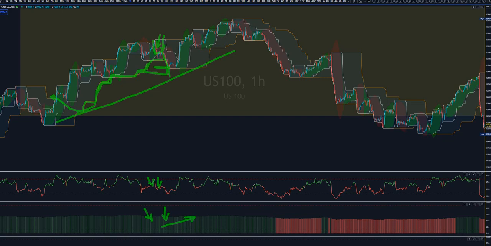Because in case the market breaks down, we do nothing, we just get out and wait for another long opportunity. Okay? And as we can see, the Bollinger Band at this point is becoming green. Our buy-sell pressure is becoming green too. And now here, we can start to buy again until this point.